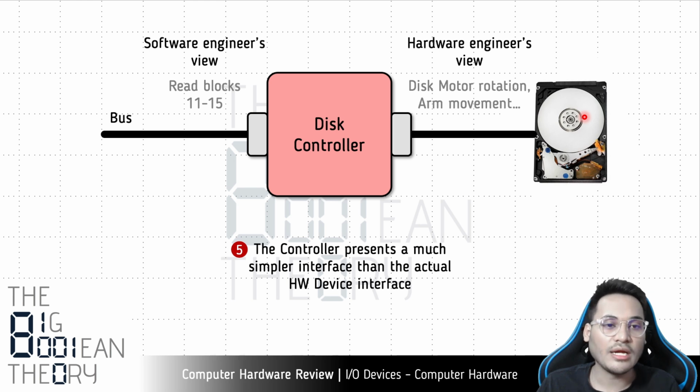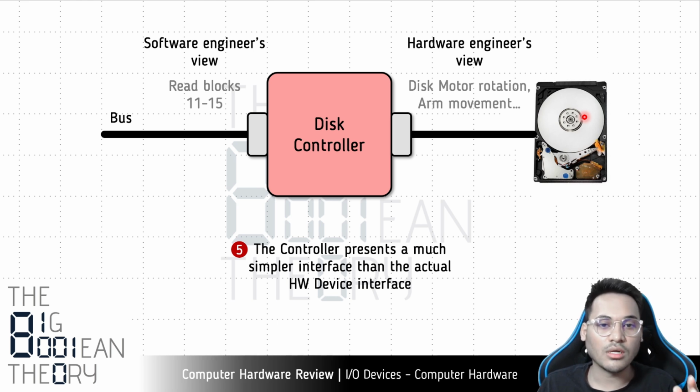If you have to read or write data at this level, then you have to talk in terms of how much the motor should rotate, at what speed it should rotate, how much the disk arm should move over the disk. These are very low level details of how the disk works, which we should not be concerned with, right? We are concerned with storing our data and not how the disk operates. That is the domain of the hardware engineers. So this interface is non-intuitive and complex.